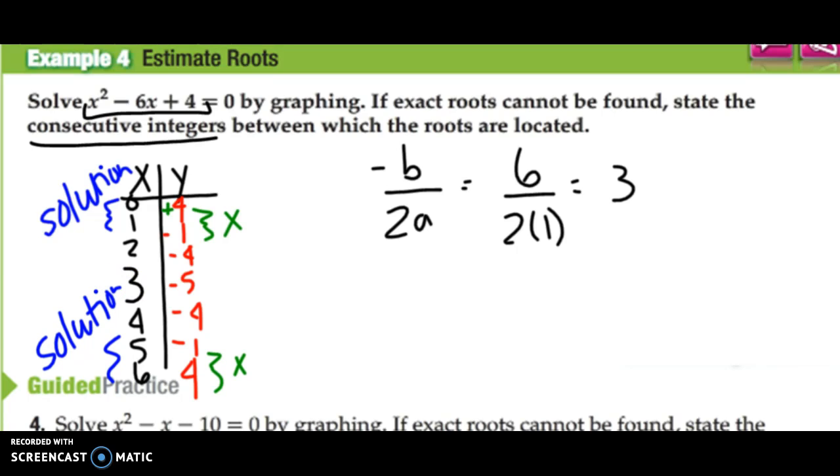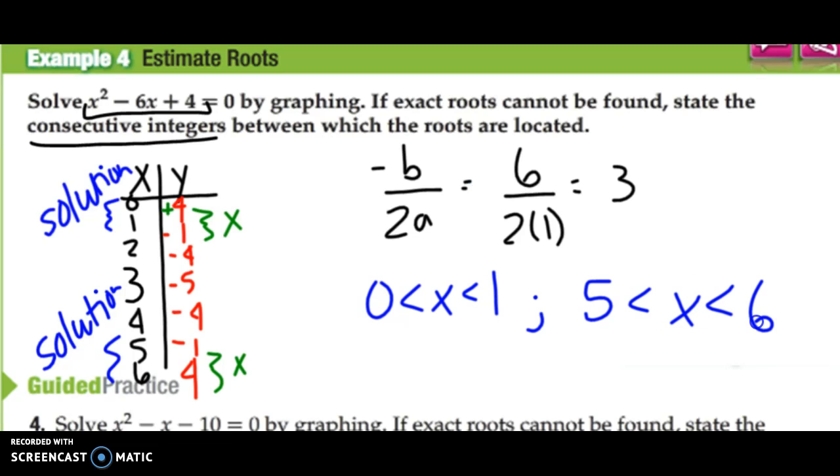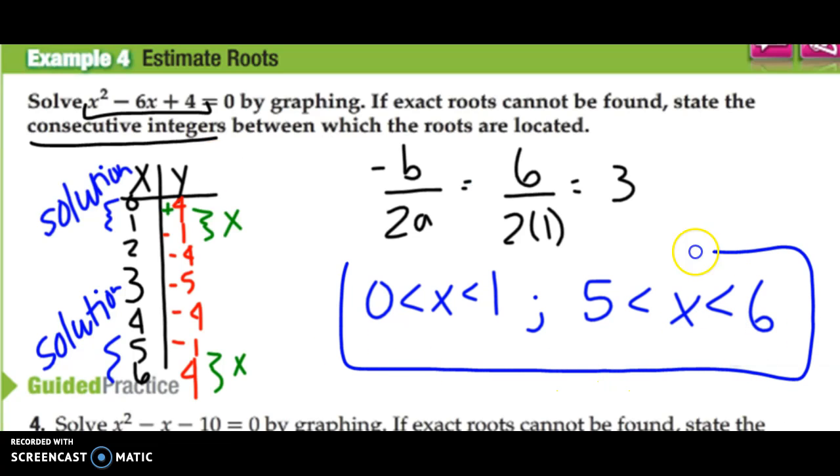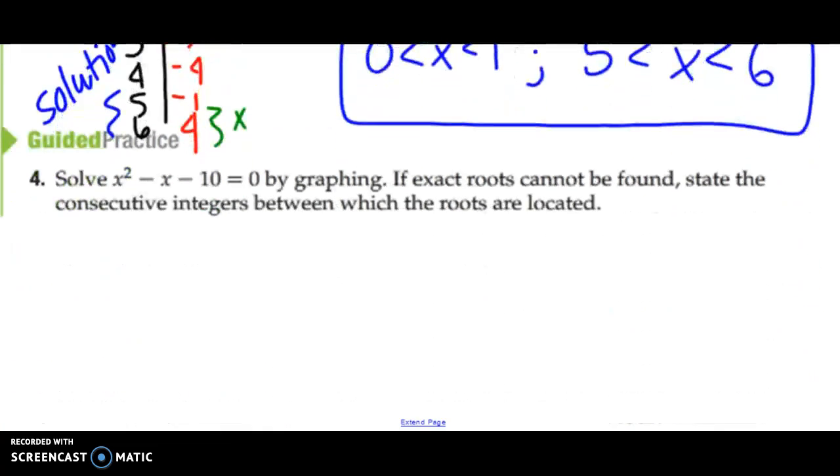So where do my roots occur? Well, 0 is less than x, which is less than 1, and 5 is less than x, which is less than 6. So my two solutions, one of them is between 0 and 1, and the other one is between 5 and 6. Here is a guided practice problem that you can try as well.